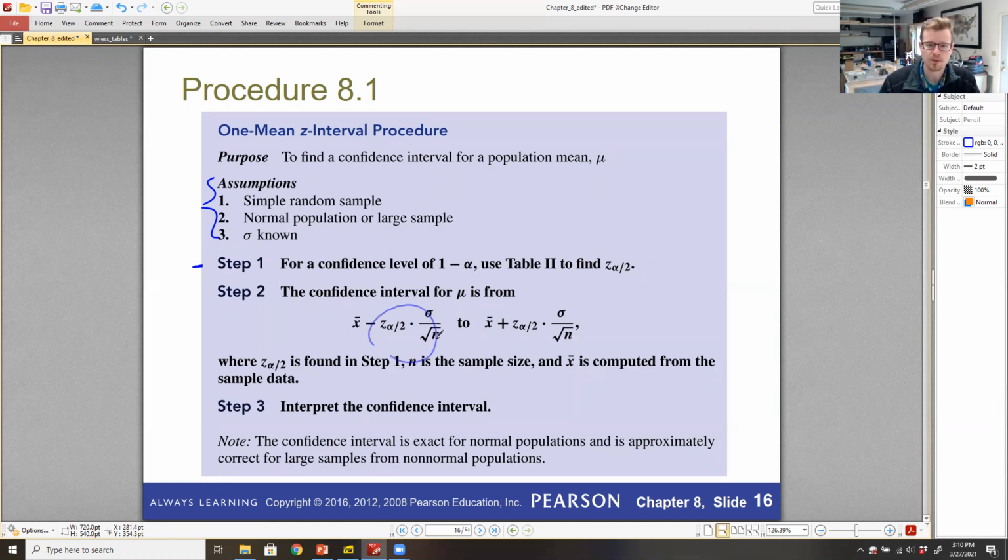And then we can compute the error and subtract it and add it to find the numerical representation of our confidence interval. And once we've done that, we can interpret our confidence interval. So it's 3 assumptions, and then 3 steps. Pretty simple. And it really is that simple.